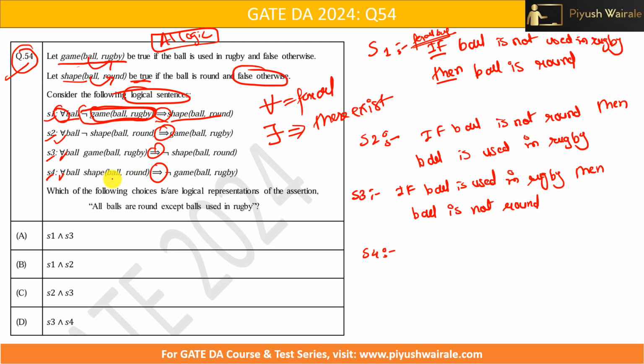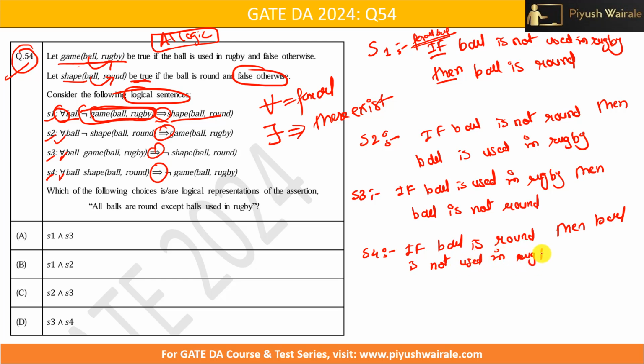Shape(ball, round) means that if the ball is round, then the ball is not used in rugby.